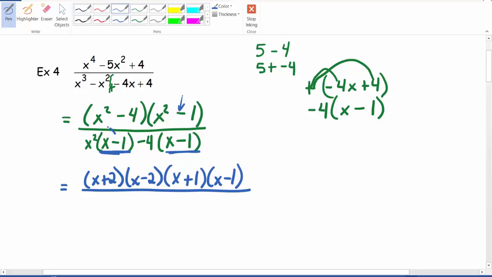We can pull that x minus 1 out of both of these terms. And when we do that, we end up with x minus 1 on the outside times whatever was left over when we pulled out that x minus 1. In this one, it'd be x squared. When we pull an x minus 1 out of the second piece, we were just left with negative 4.